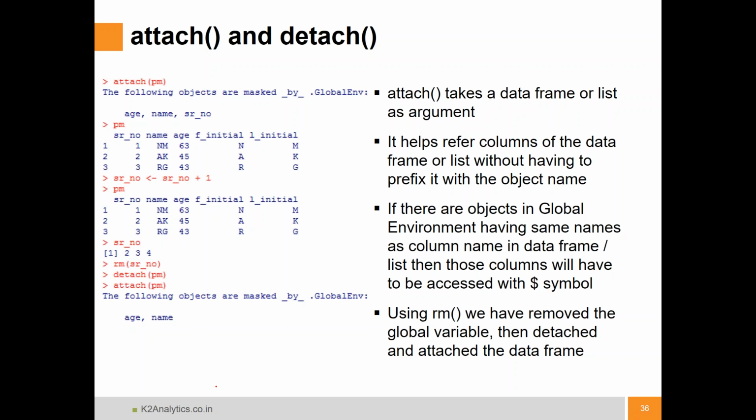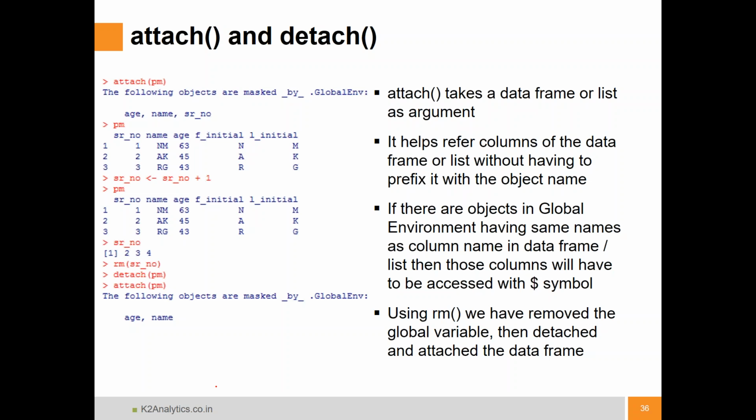So far, if we want to refer to any column, we had to keep mentioning the data frame name. So I have to say data frame $column name. If I have a big data set, and there are lots of columns I have to refer to, it would become too cumbersome.